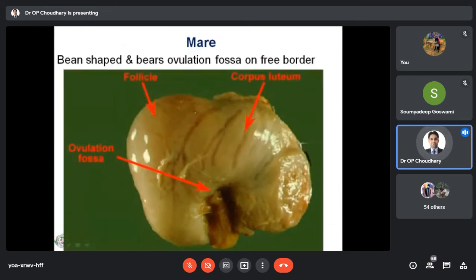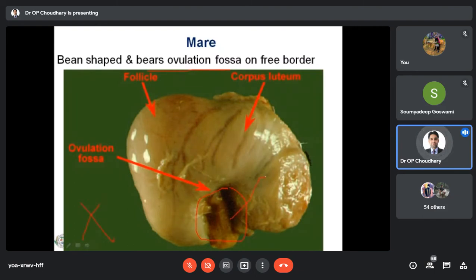Then what are some species differences in the other female animals? In the mare, the female horse, the ovaries are bean shaped, and very important, they bear a fossa. That fossa is not present in the cow or in the other ruminants.